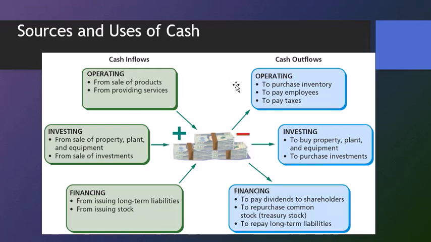As you'll learn when we use the indirect method, which is the most commonly used method to prepare the statement of cash flows, we make adjustment for changes in working capital. That's changes in our current assets and current liabilities, because those are normally our operational accounts. Changes in accounts receivable, changes in inventories, changes in accounts payable. These are all related to our primary business operations. Again, investing, this is gonna deal with investments in property, plant, and equipment, buying and selling, financing, think long-term debt and equity.